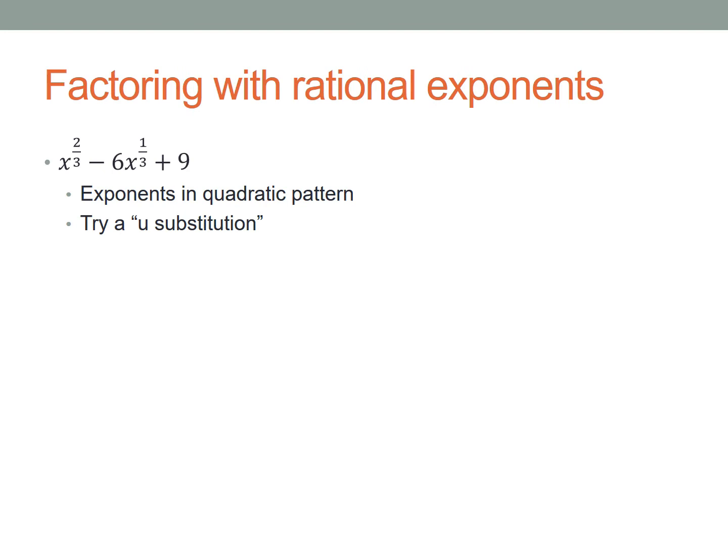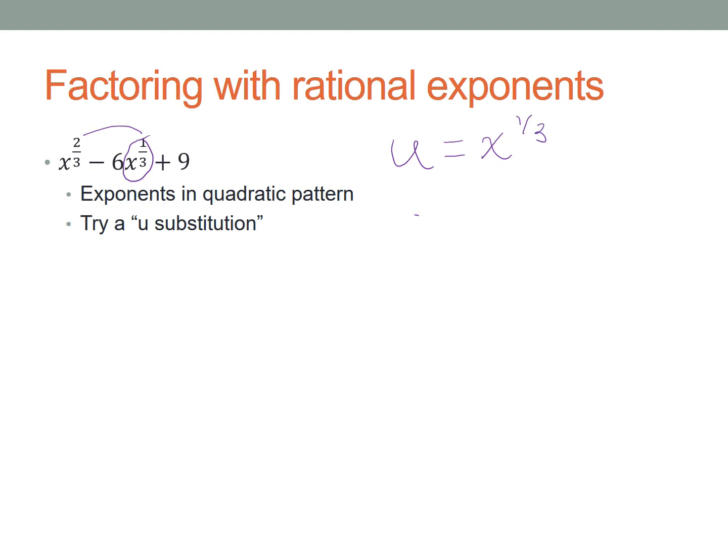So this one, I'm going to show how to solve this with a u substitution. I can explain it other ways if you don't really like this. Whatever this term is, we are allowed to do this because these two exponents are related by a factor of 2. This one is double this one. So whatever that middle term is, I'm going to call that u.